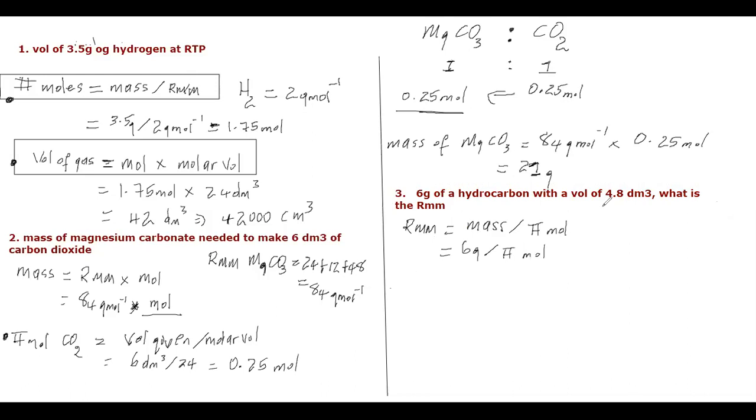How are we going to use this to find moles now? It's a gas, so moles of a gas is equal to the volume given times molar volume. So the volume they gave us was 4.8 dm cubed.